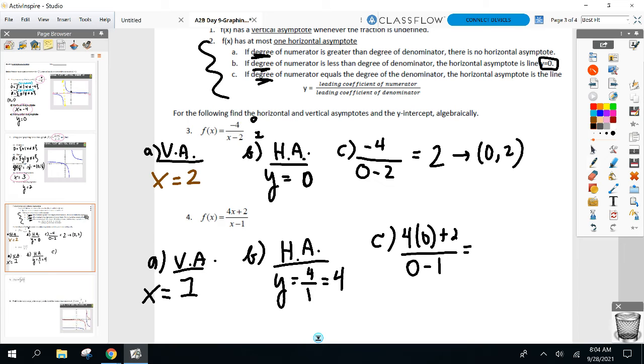Two. Positive or negative? Positive. You get 2 on top, right? And then you should get a negative 1 on the bottom, right? So it should be negative 2 for your Y-intercept. 0, comma, negative 2.